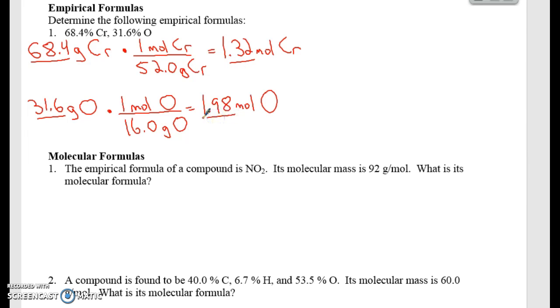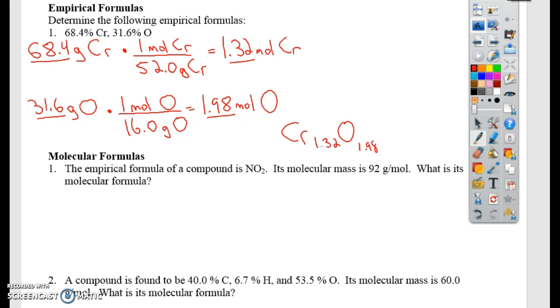Now, whenever you write an empirical formula or any kind of formula, you are not going to have something like Cr 1.32 and oxygen 1.98. It's not going to work like that. We want the smallest whole number ratio. And you also don't just round them off. What you have to do is get these to be small whole number ratios.